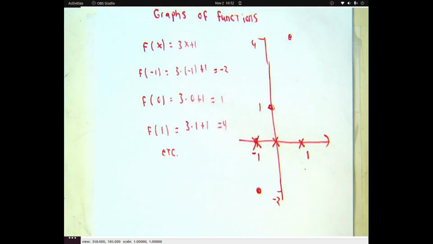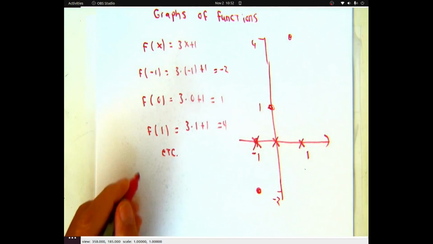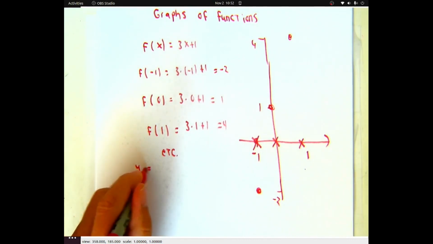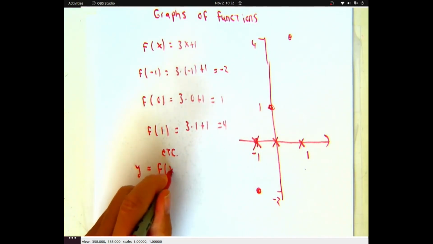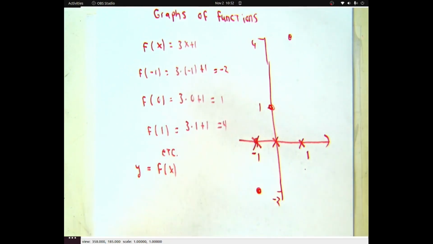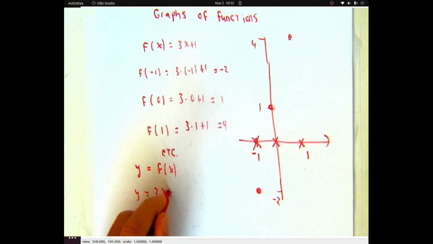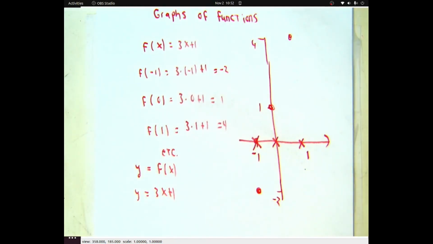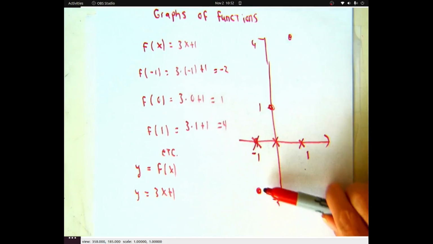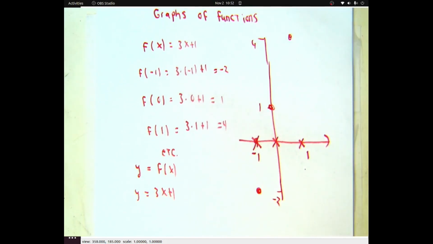More generically, the graph of a function f is the graph of the equation y equals f of x, which in this particular case is y equals 3x plus 1. This would be a straight line with y-intercept 1 and slope 3. These points are particular points on that straight line.